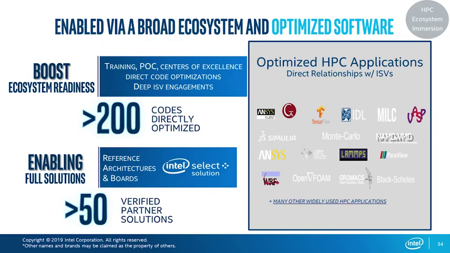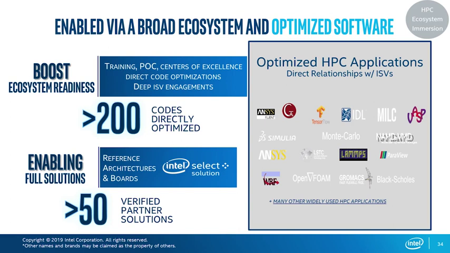applications. And keep in mind, as we develop these Intel tools, we are feeding the optimizations directly to the developers, directly to those third-party ISVs to help boost how ready they are to deliver the best performance to their customers. So again, Intel has those deep relationships, those deep investments with certain ISVs, and we've actually invested in over 200 codes that we've directly optimized.